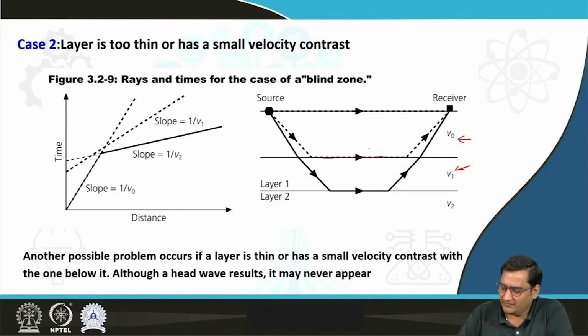In that case, the slope associated with the v1 velocity will be there, but it will not be possible to identify that particular slope. Another problem occurs if a layer is thin or has a small velocity contrast with the one below it. Although a head wave results, it may never appear.